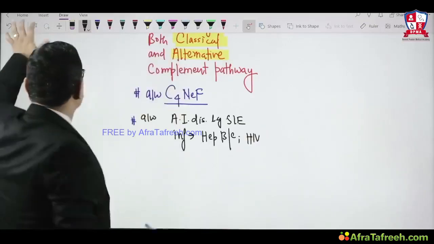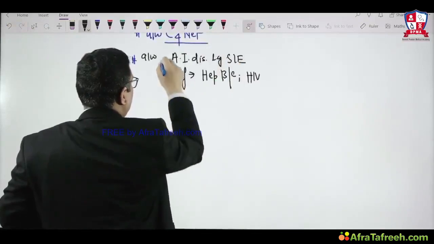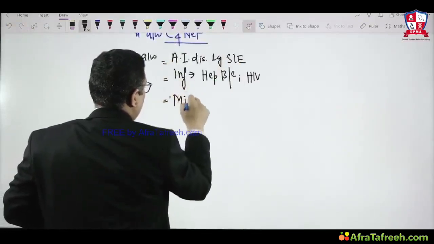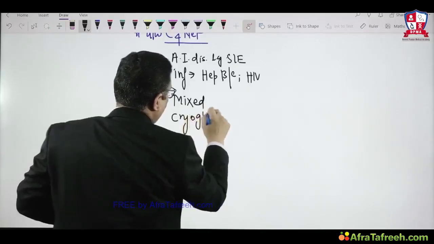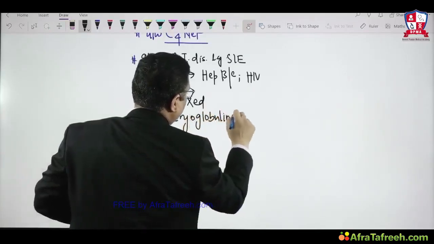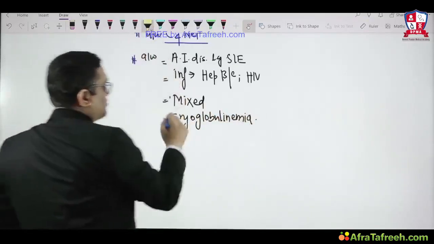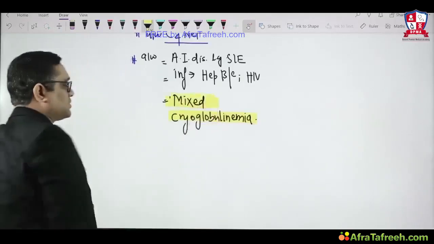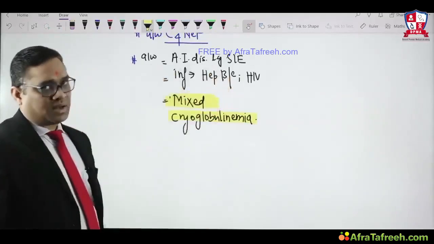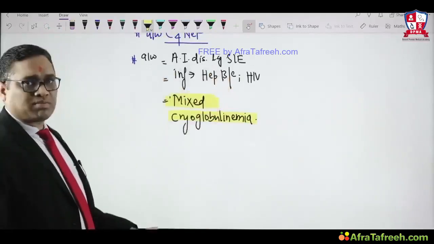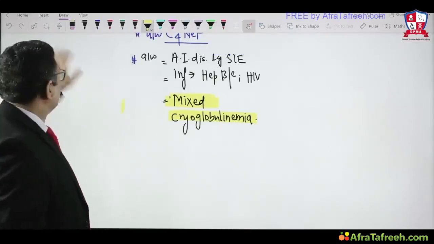They are also associated with mixed cryoglobulinemia. These are some of the important MCQs. Mixed cryoglobulinemia is associated with MPGN type 1, and most commonly with hepatitis C infection. These are the important things to understand about type 1 MPGN.